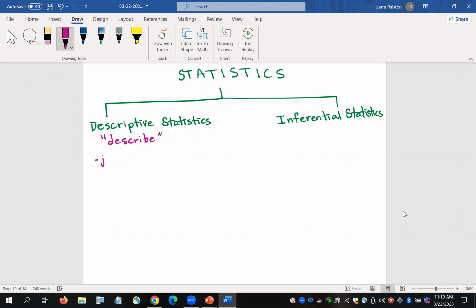You are simply stating just the facts. You're making no assumptions whatsoever about the data. Descriptive statistics includes those tables and graphs that we talked about at the very beginning of the course, that data visualization.